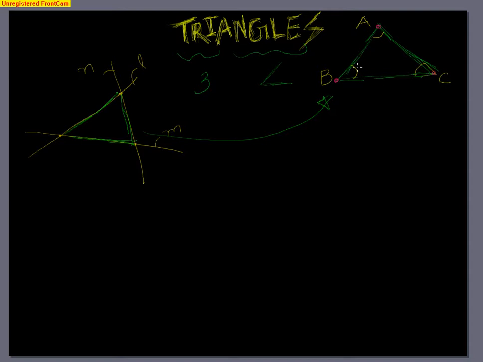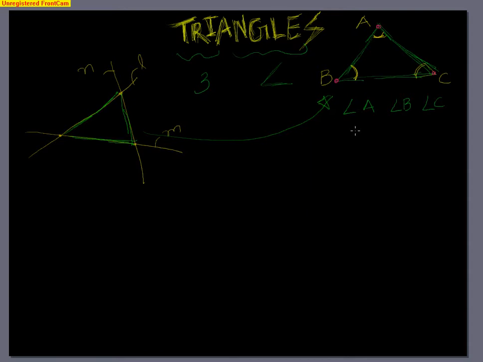And a triangle will have, as the name suggests, three angles. And also it will have three sides. So the angles are generally given by angle A, angle B, angle C, unless you have an extension of any one of these sides, then you have to be very specific and use the notation we learned in the previous class, in the lines and angles chapter.